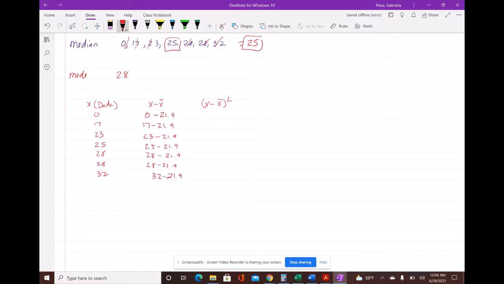So what we're looking for here is for your standard deviation.